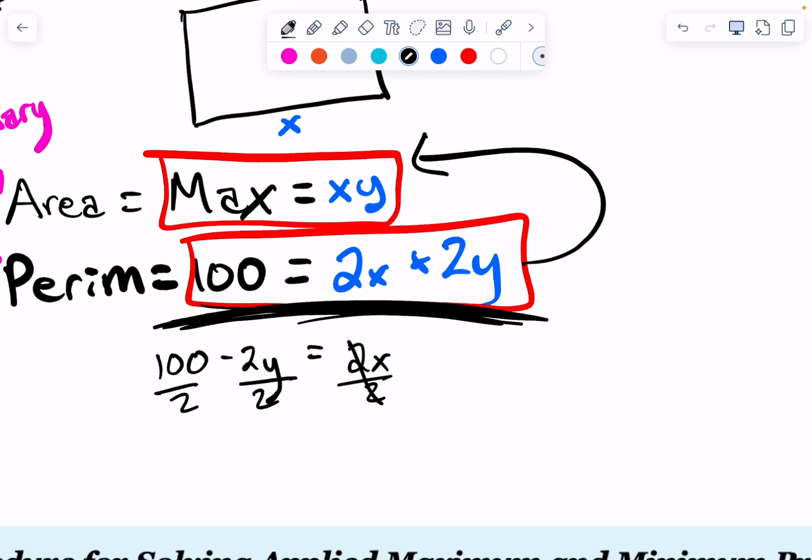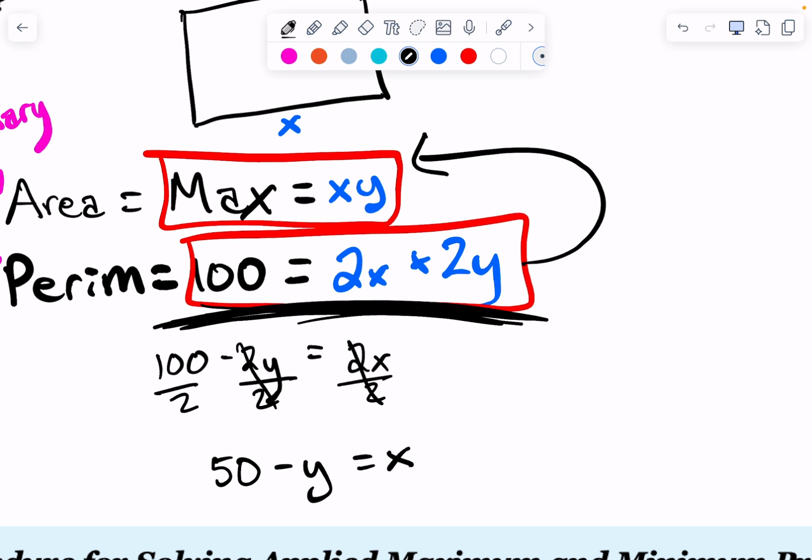So that cancels, that cancels. This is 50 minus y is equal to x. Yeah? We could have solved for y and it would have been easier. In this case, it's just as easy to solve for x as it is for y. In some cases, it will be easier to solve for one variable over the other, and you'll see that here in a second.